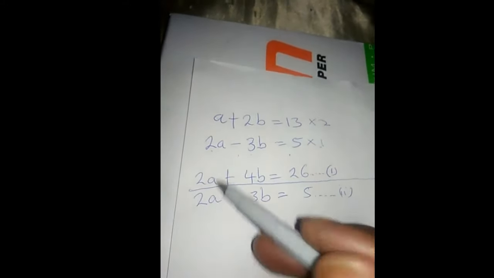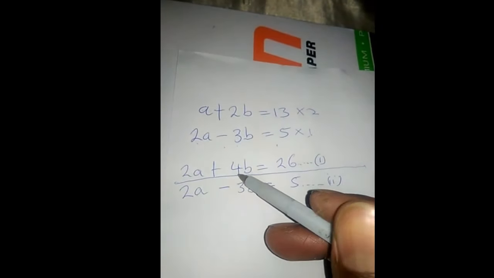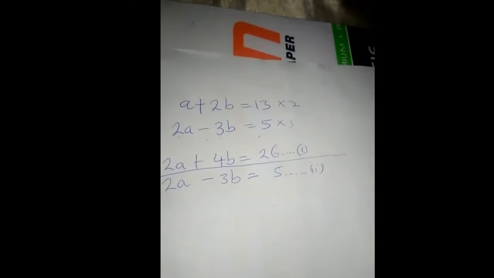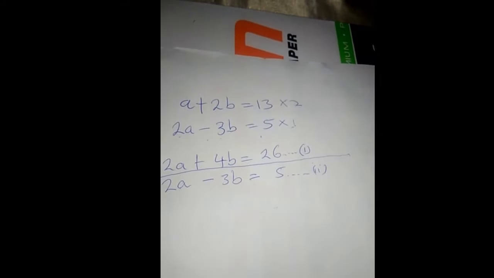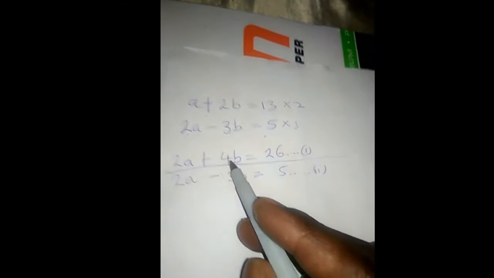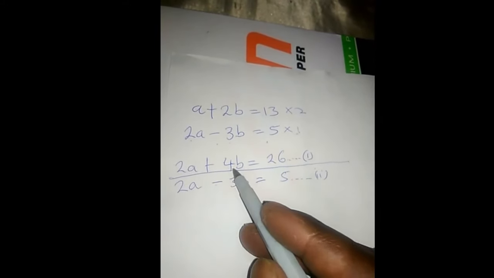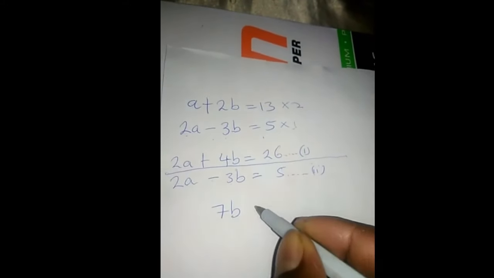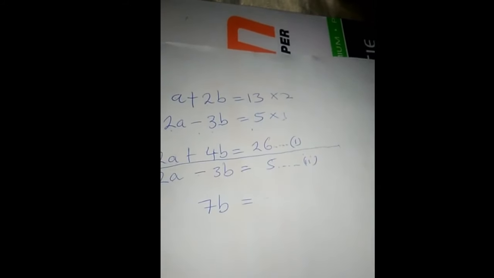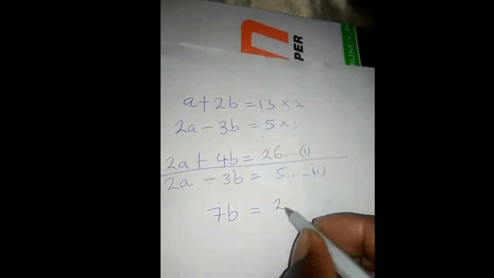So 2a minus 2a becomes 0. 4b minus negative 3b, negative and negative will bring positive, so it became 7b equals, and I am now saying that 26 minus 5 is 21. 26 minus 5 is 21.